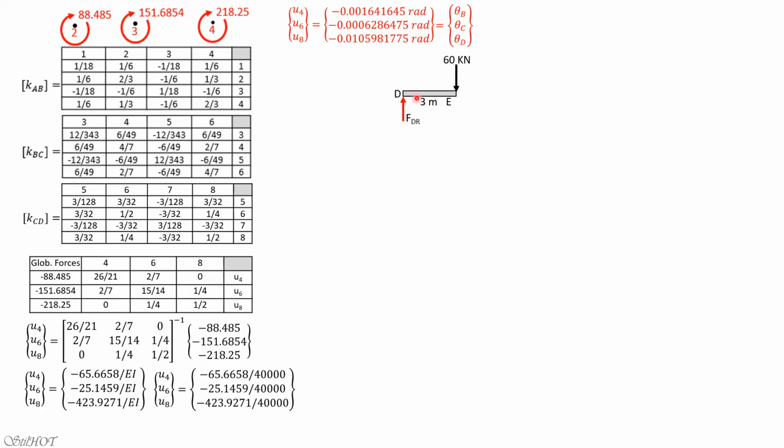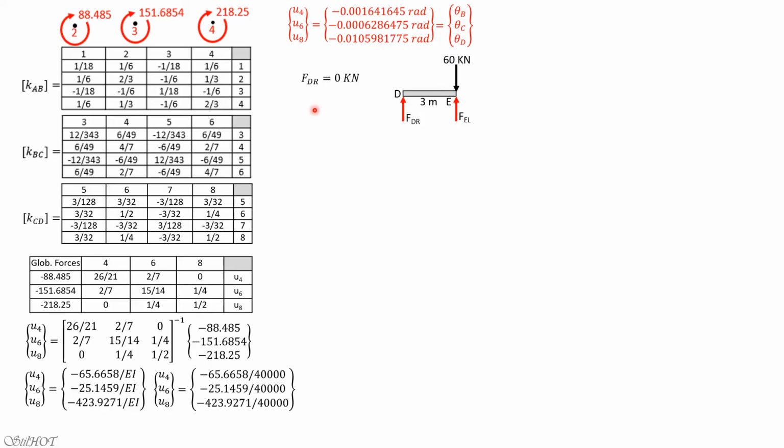So it cannot produce moment in the span. So FBR is 0, moment BR is 0, fixed end moment DE is 0, then fixed end moment ED is 0, but summation of forces in Y equals 0, we have a reaction here at E, which is FEL rather, and this is FDR. Then the result would be this FEL equals 60 kilonewton.